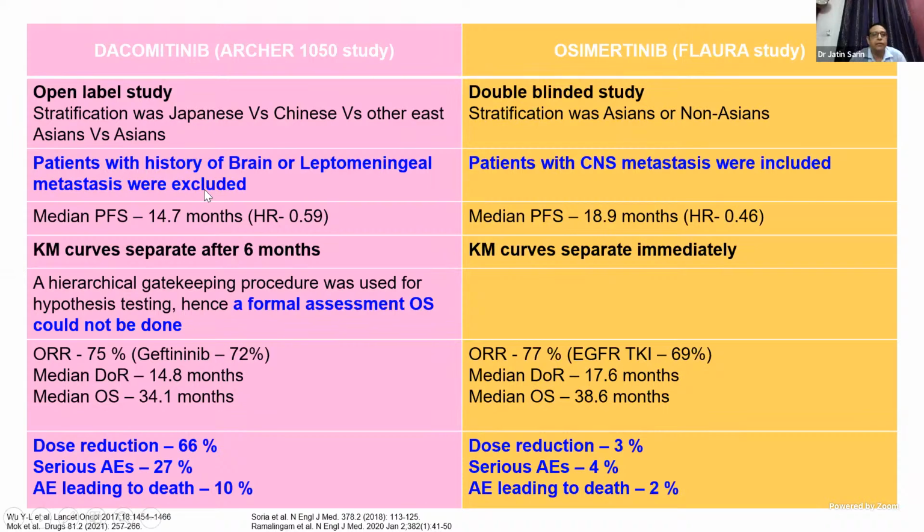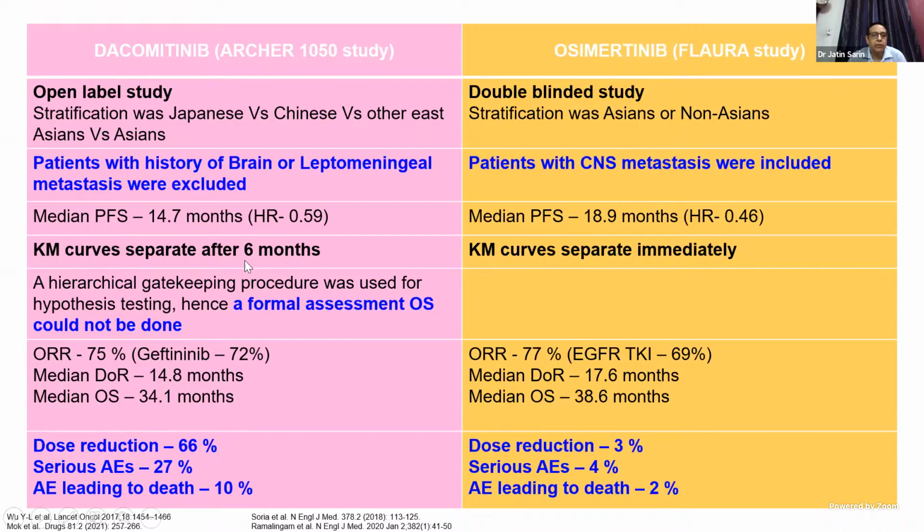The median PFS was 14.7, while in osimertinib it was 18.9. And the Kaplan-Meier curves, or the survival curves, actually separate after 6 months of treatment, while this was shown aptly in the FLAURA trial by Dr. Sajjan, that they start separating right from the start.